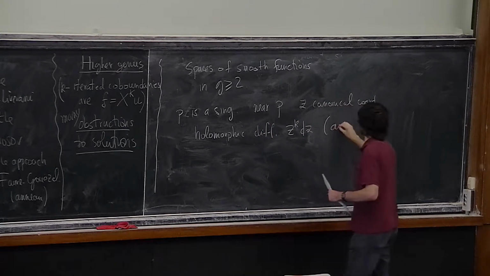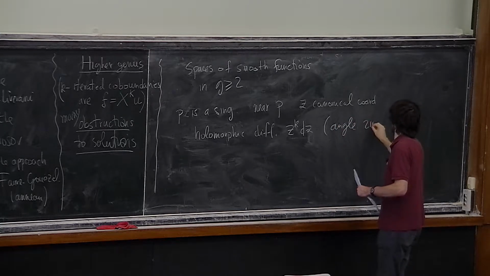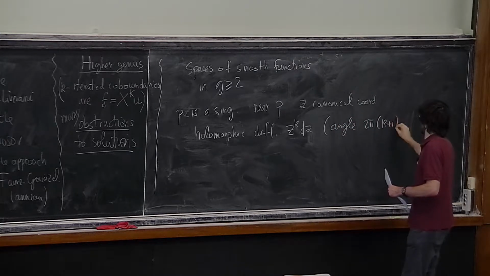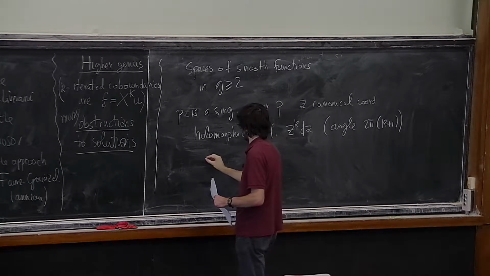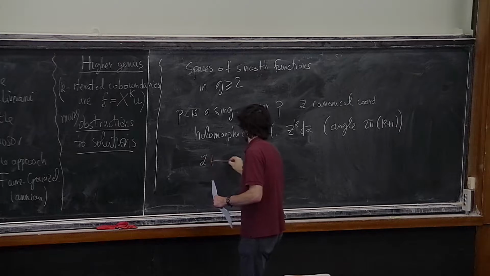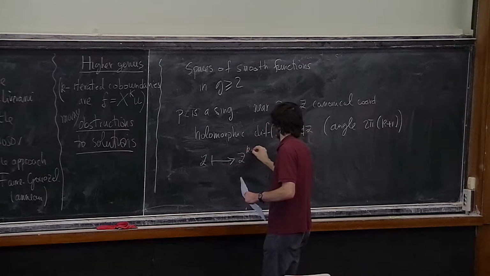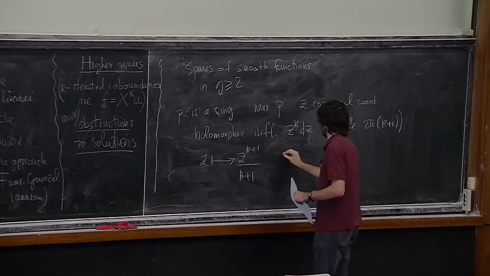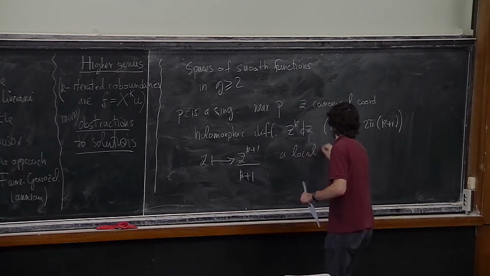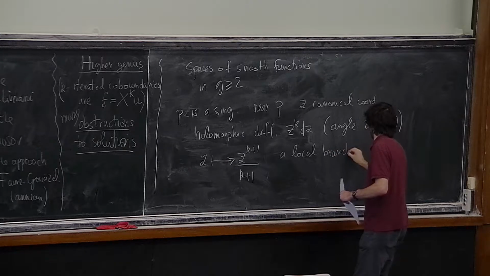So this means that the angle is 2π(k+1). Now this means that we have a branched cover: z goes to z^(k+1)/(k+1), a local branched cover.